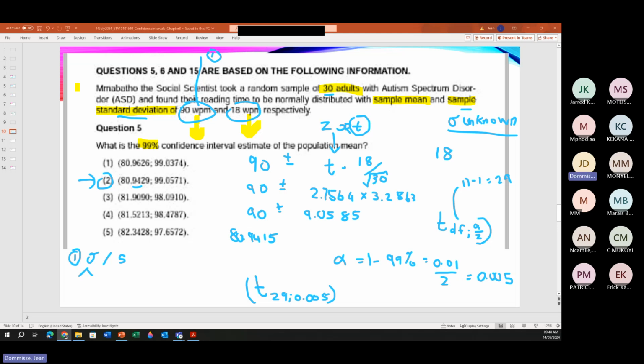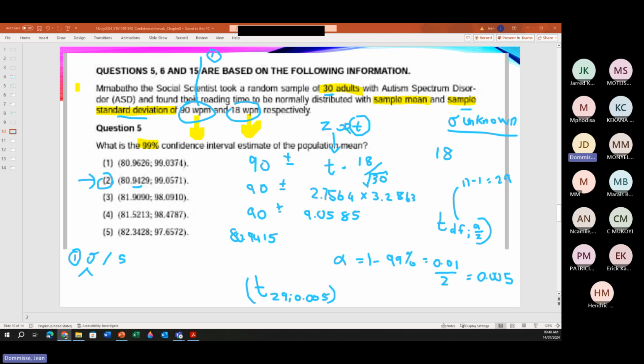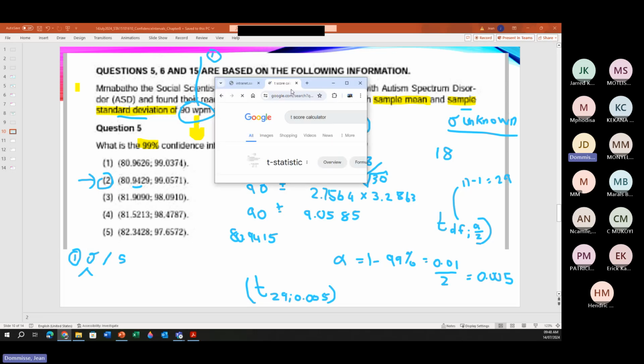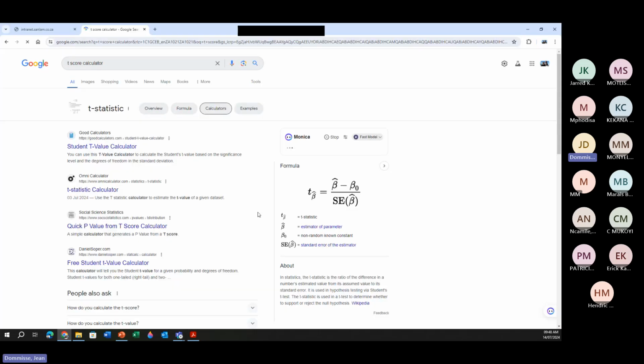So let's say I want to work out the T score. So let's put it in here.